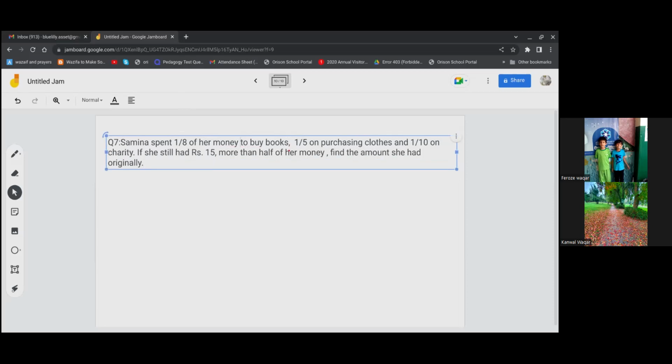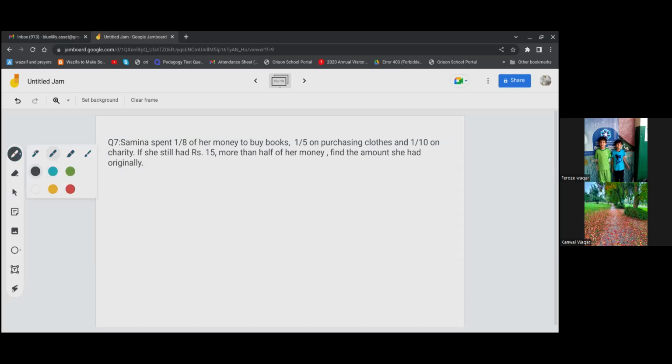So we will start our solution by saying, let the original amount be x, because they are asking for the original amount.